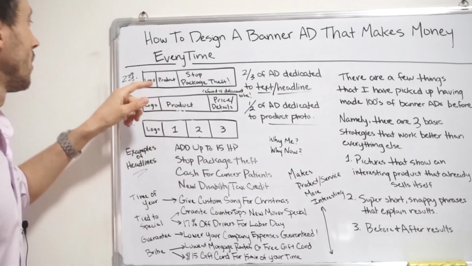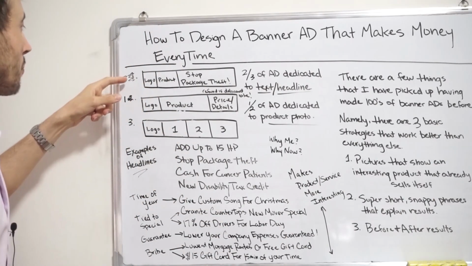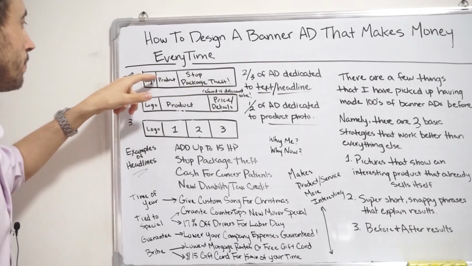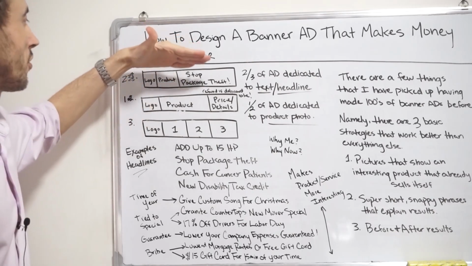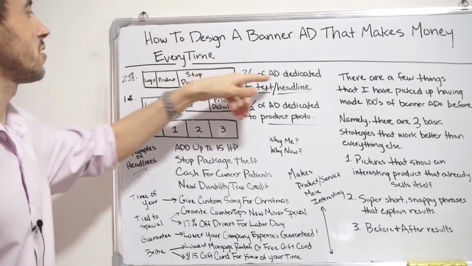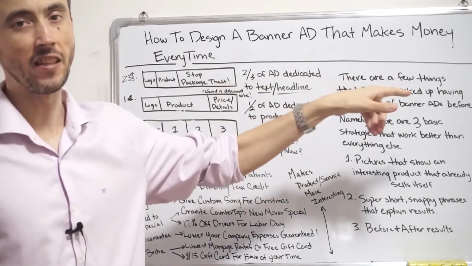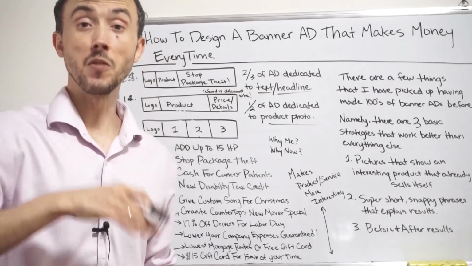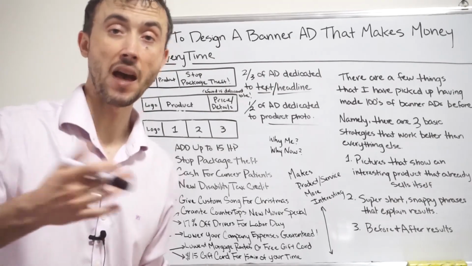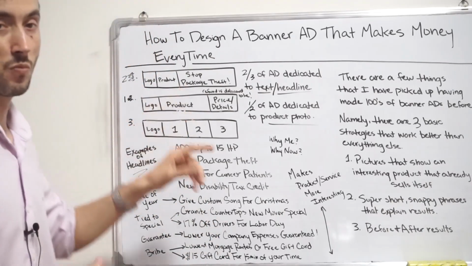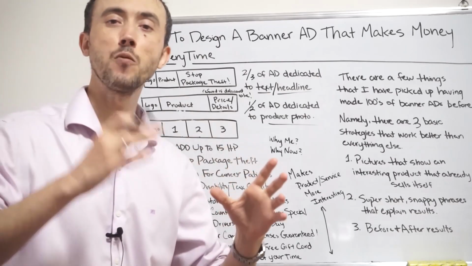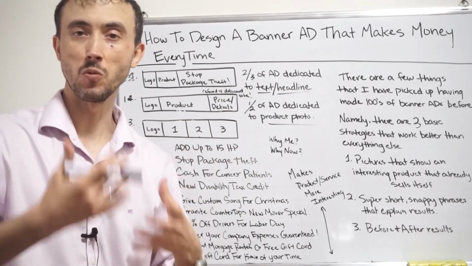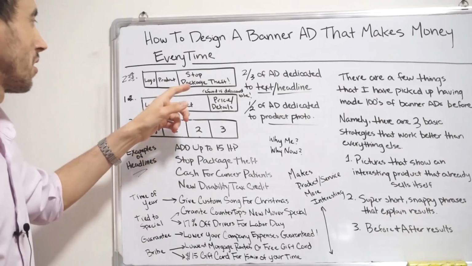So to give you an example of this one here, on your ad you're going to have 2/3 of the ad dedicated to the text headline itself. If we're offering the device that allows you to stop package thefts, you want to craft, in 5 words or less, the results that you can offer for that customer.